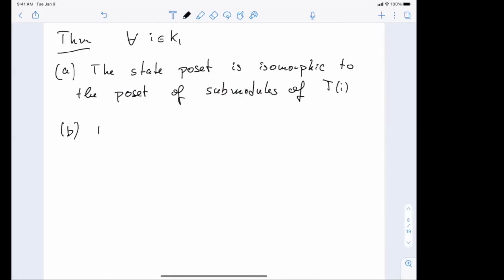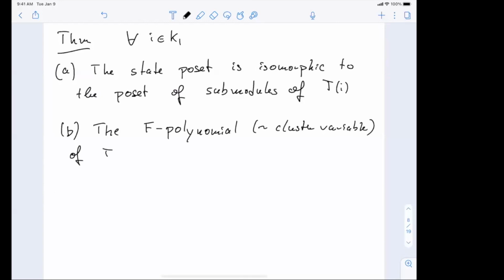The F polynomial, which is a gadget from cluster algebras. So you can think of it as being the cluster variable. F polynomial of T_i. Well, actually, I can write the definition here.